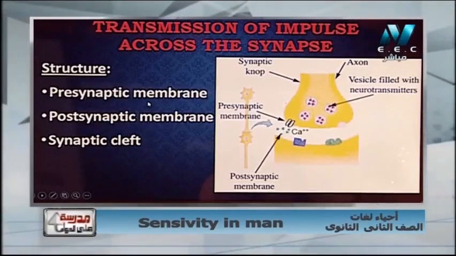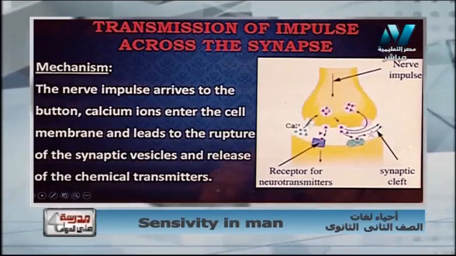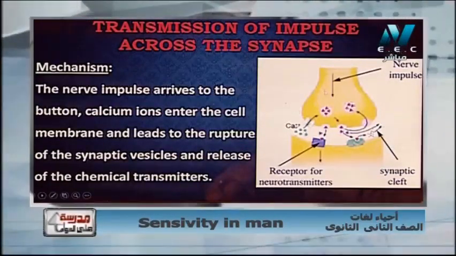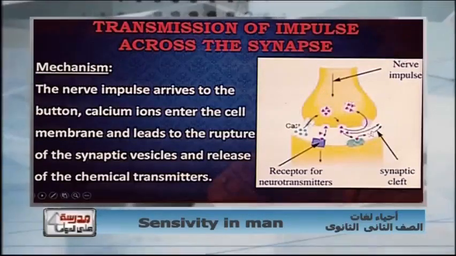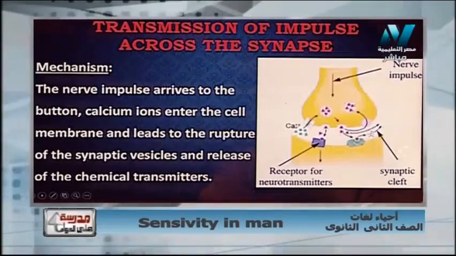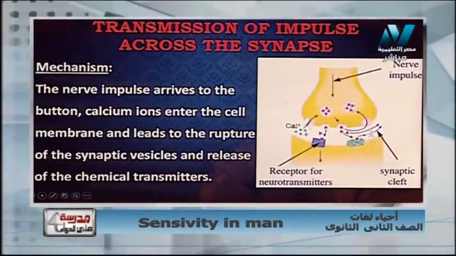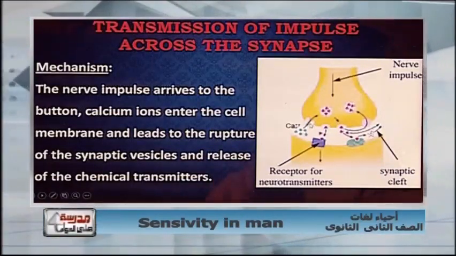This is the structure. What about the mechanism of the transmission of the impulse? The nerve impulse arrives at the button, as we said, and fills the vesicles. And the presence of these vesicles makes the calcium ions enter the cell membrane.